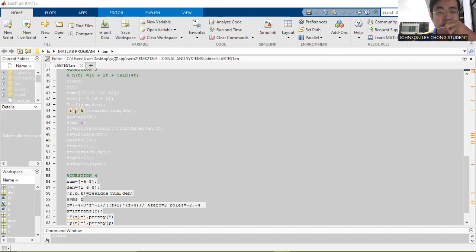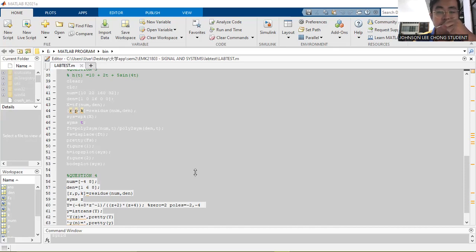We draw outside because this is -2, and it means that we need to draw the shaded region outside. And for the -4, we also need to draw outside the circle. So that means the -2 and -4 are both outside the unit circle, and that means this is a causal plot diagram.